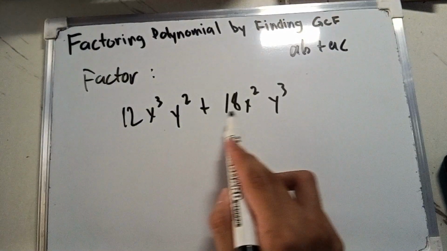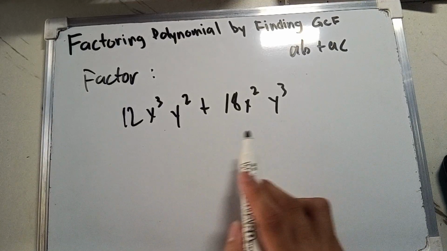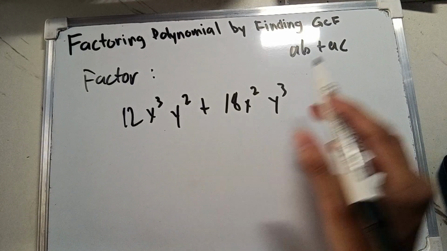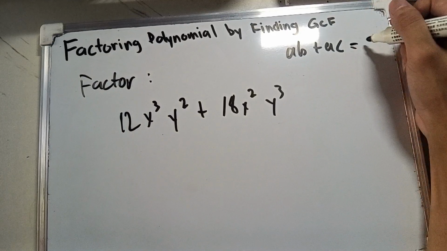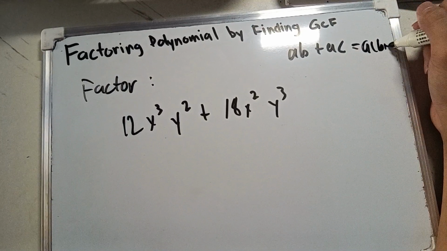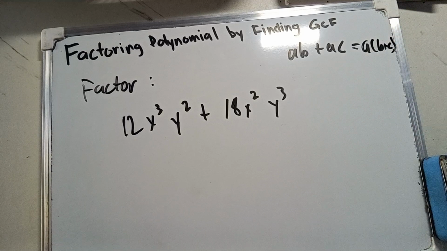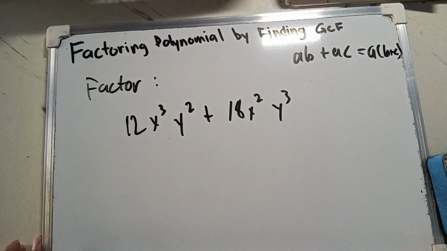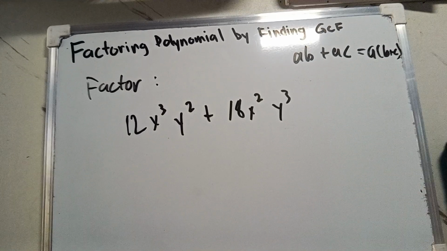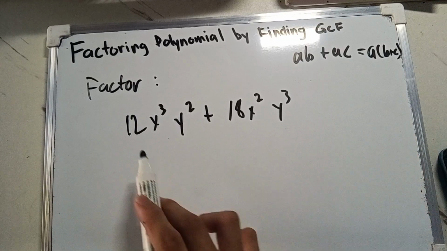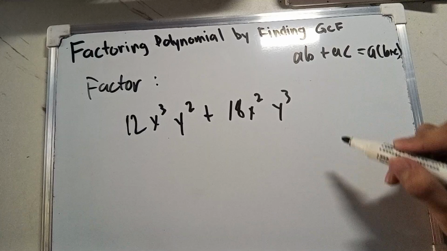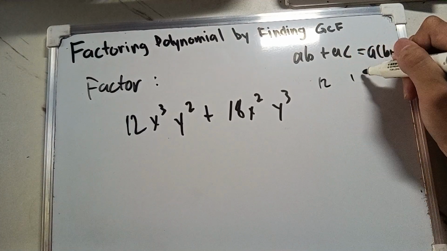If we have these two terms operated by addition, or it can be subtraction, first find the GCF of the coefficients, 12 and 18.